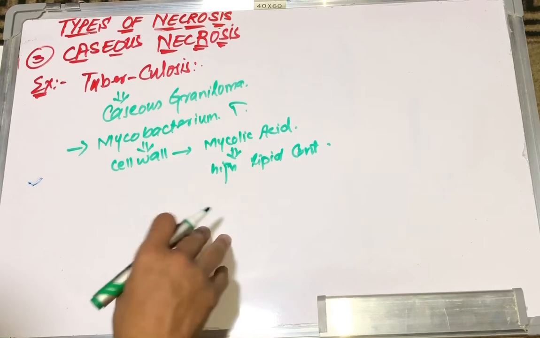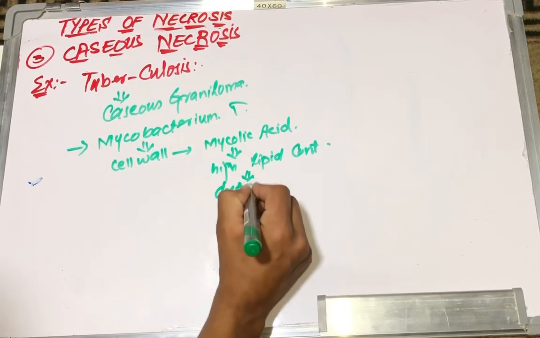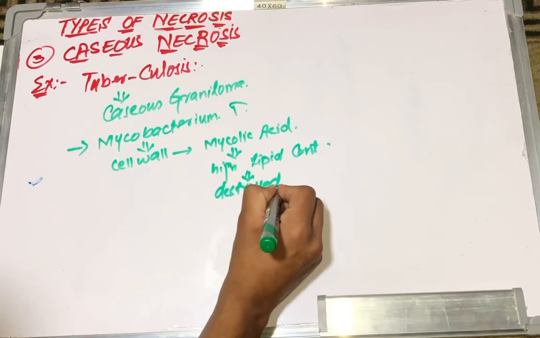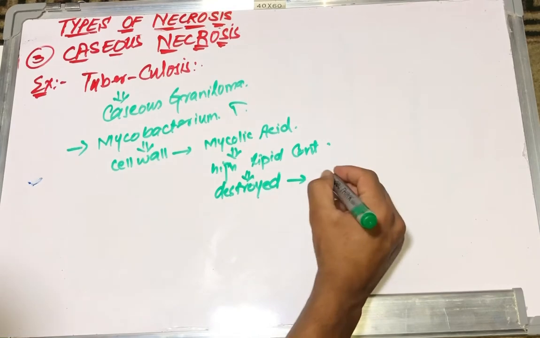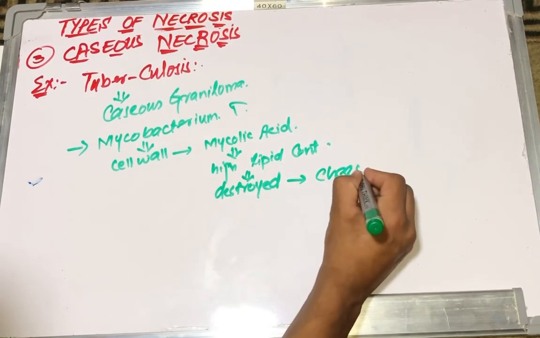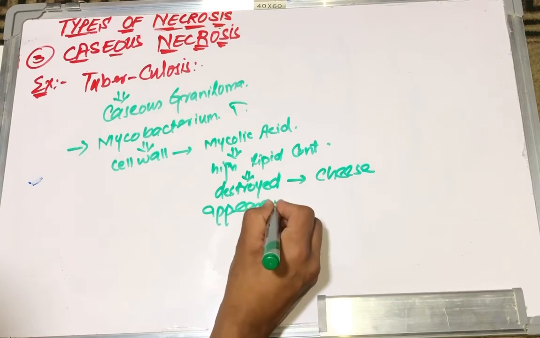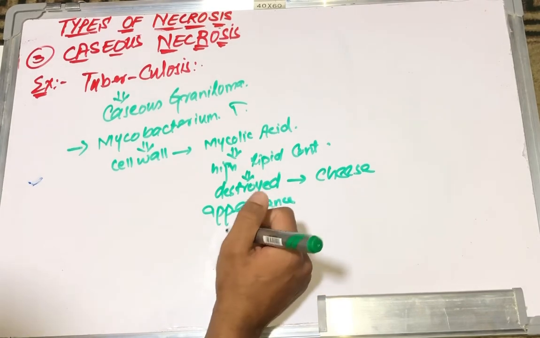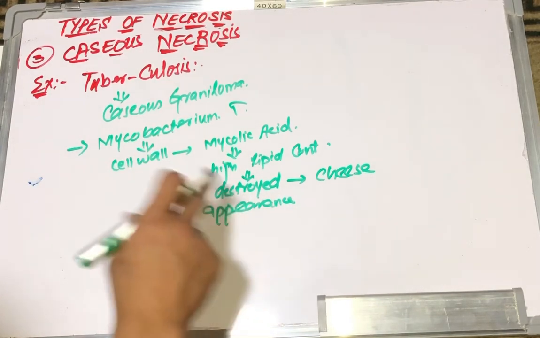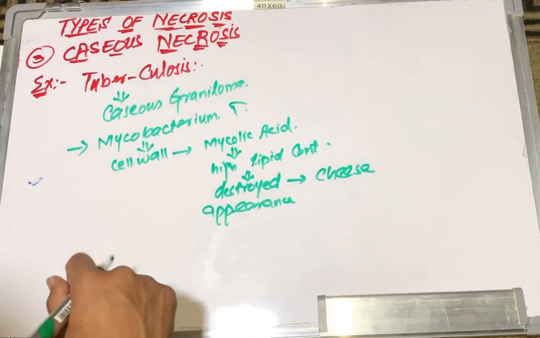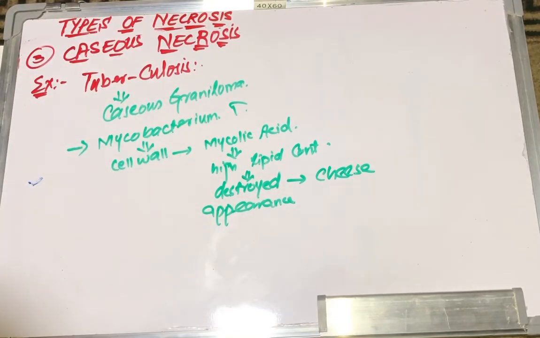When these lipids get destroyed, they give a cheese-like appearance. That is why in tuberculosis we say it has a cheese-like appearance, and inside that we have caseous necrosis.